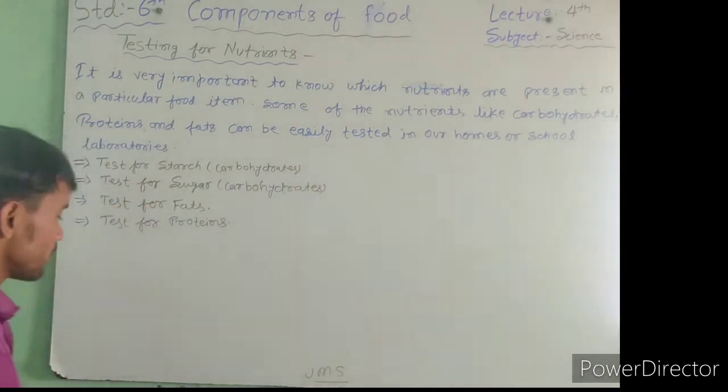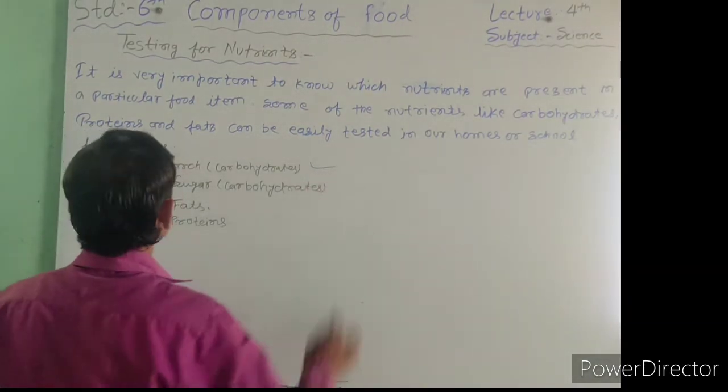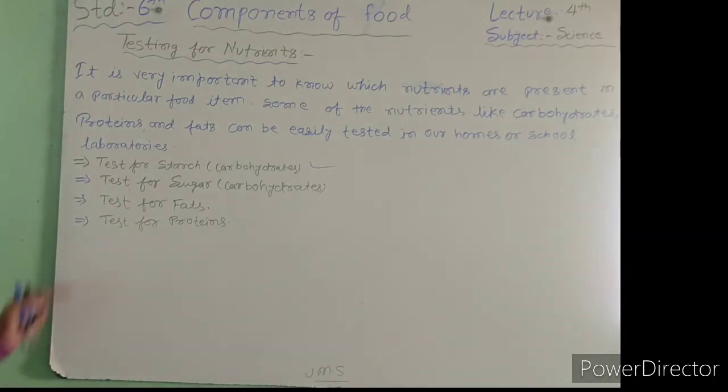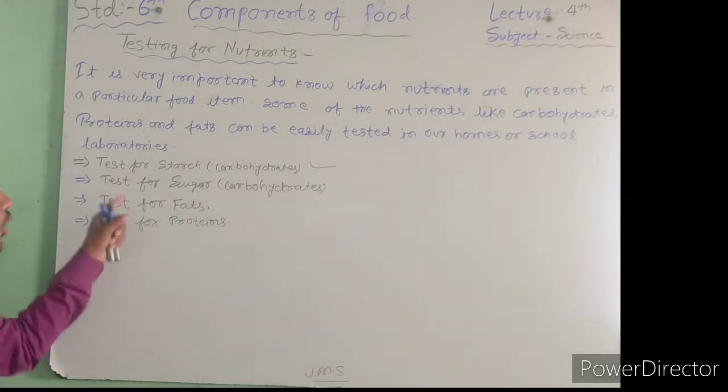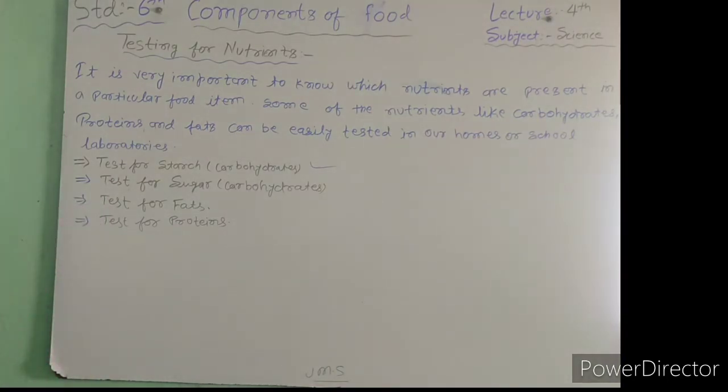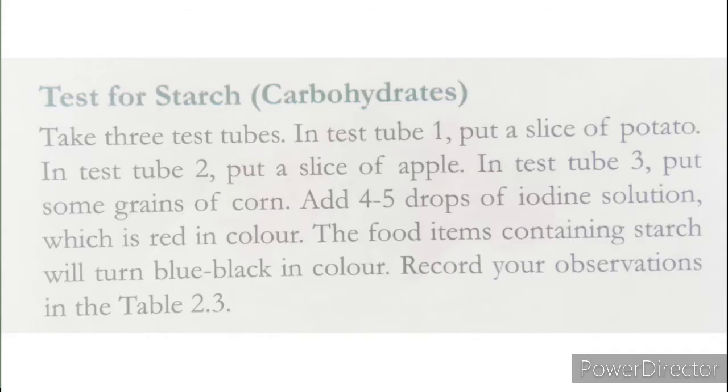Our first topic is test for starch. Starch is a carbohydrate. How to test it? You see the figure of test for starch. First, you take three test tubes. In the first test tube put a slice of potato, in the second a slice of apple, and in the third some grains of corn.